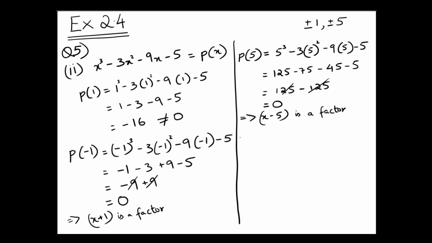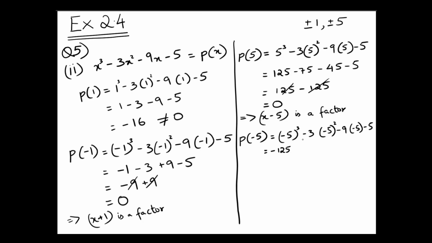Now for the last possible scenario, we'll also check if p of minus 5 is equal to 0. So this gives us minus 5 cube minus 3 into minus 5 square minus 9 times minus 5 minus 5.